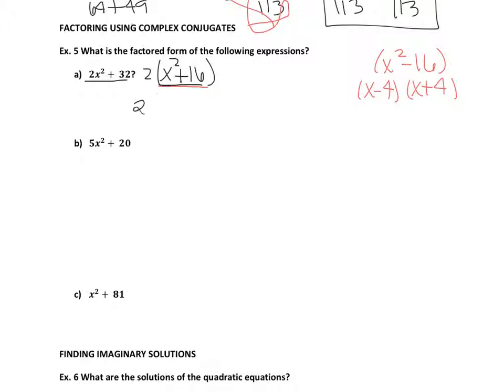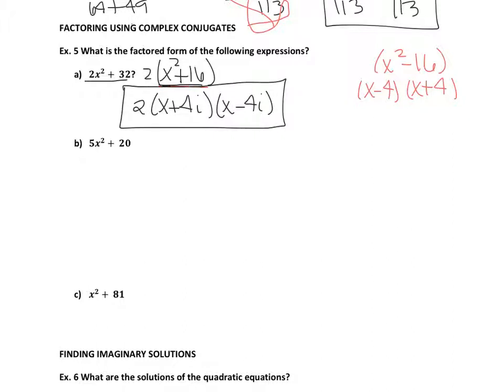I'm going to be able to break that into x plus 4i and x minus 4i, since we're working with imaginaries. So there technically is no such thing as a sum of squares in the real world. But in the imaginary world, we can do that.